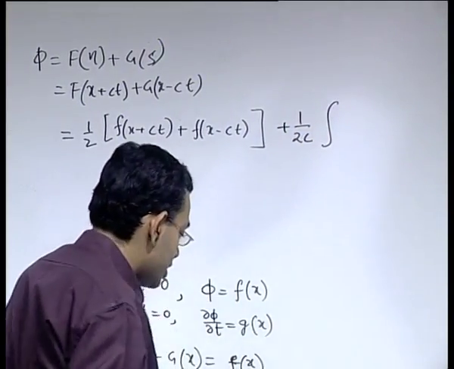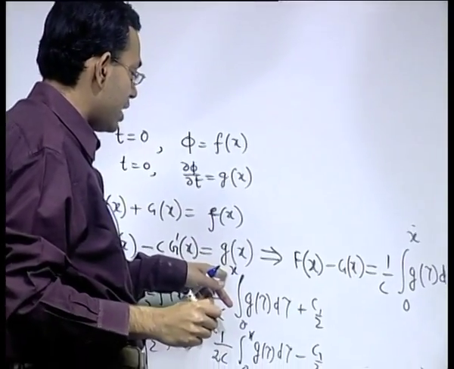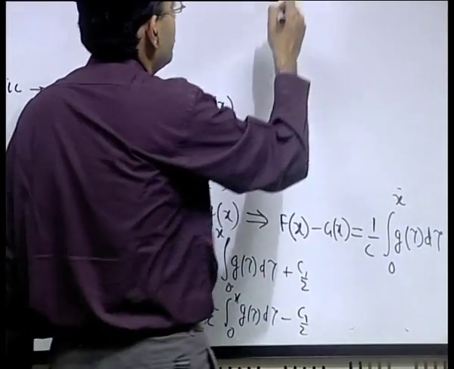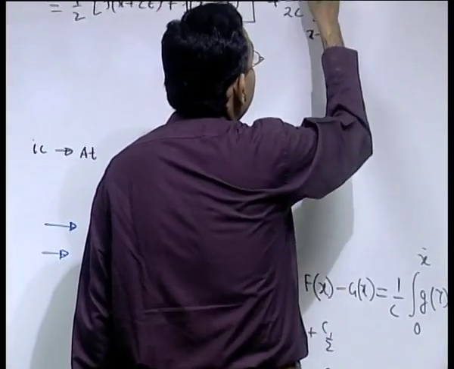In these two integrals, in one case x is replaced by x plus ct and in another case x minus ct. So, it will become from x minus ct to x plus ct.